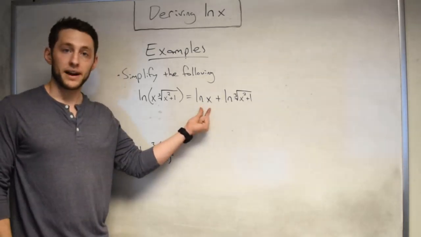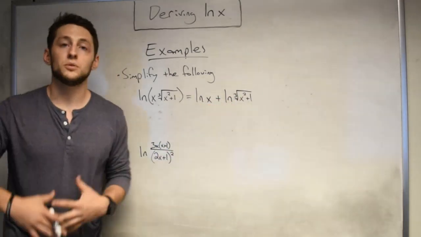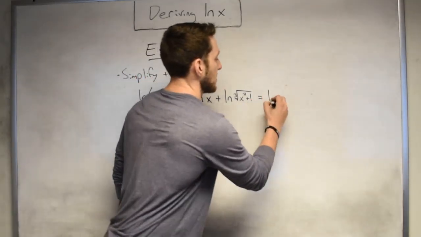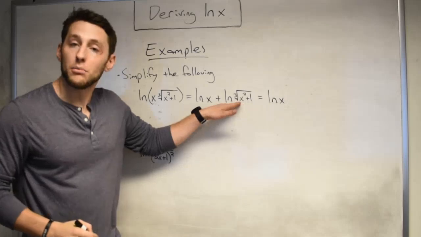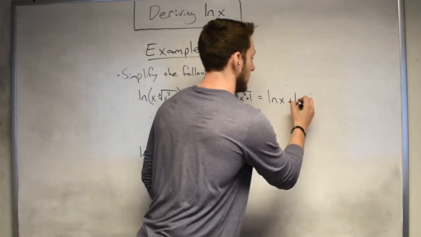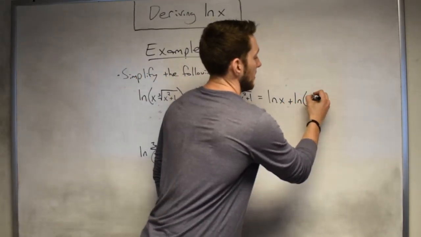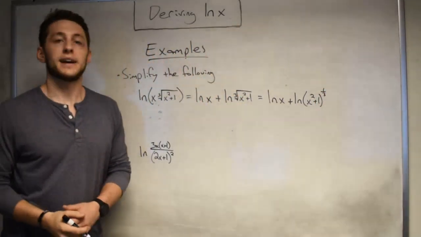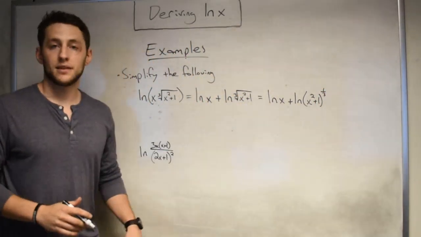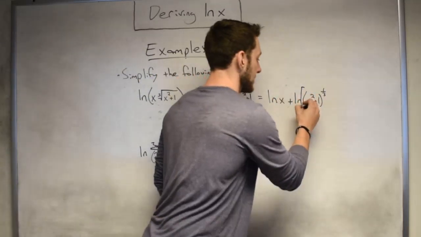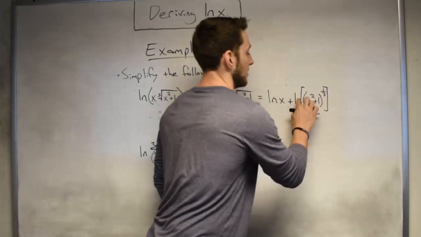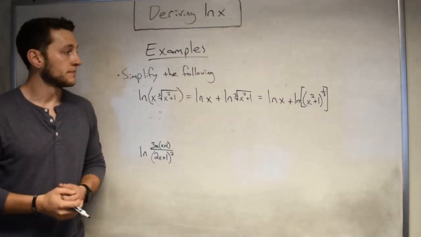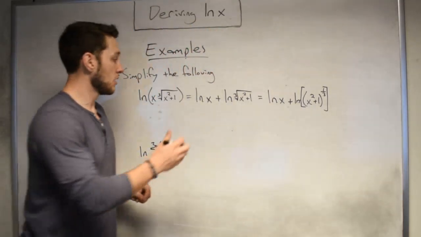This thing is simplified, but notice with that cube root, we could change that into a power. So we still have natural log of x, but allow me to rewrite that cube root as a 1/3 power. And it's important to notice, when I write it like this, the 1/3 is only affecting the inside of the logarithm. It's not affecting the outside of the logarithm itself. This allows me to go one step further.